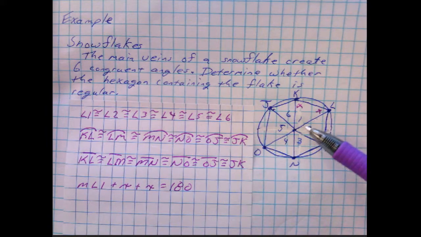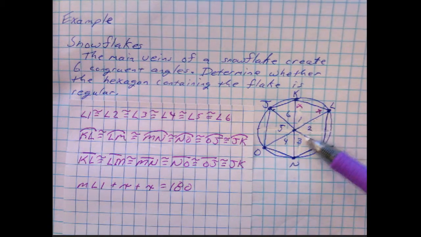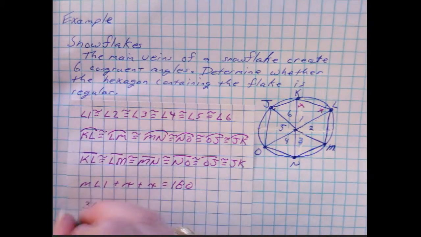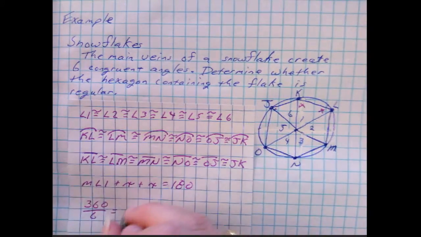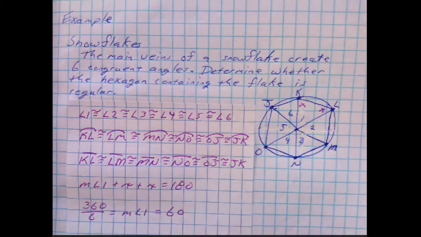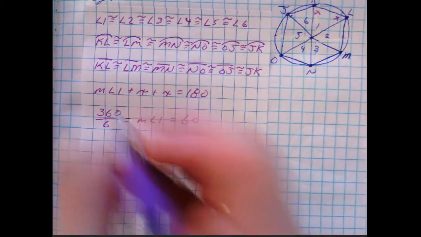So then what is the size of angle 1? Since we know all 6 of these are the same, we're going to take 360 divided by 6 equals the measure of angle 1. And that comes out to be 60. So we're going to plug that into our equation.